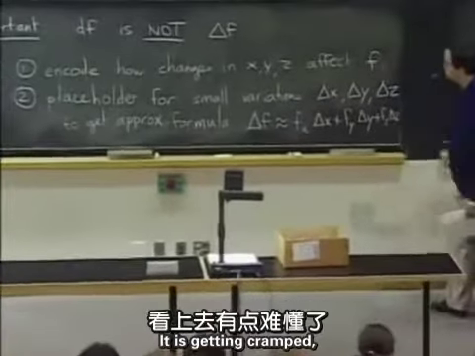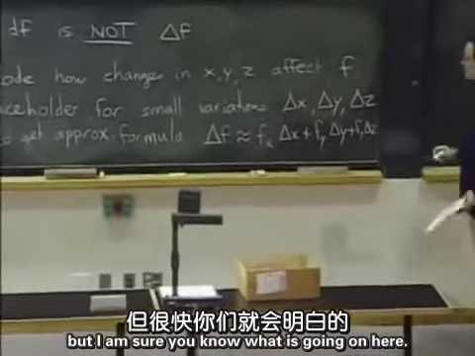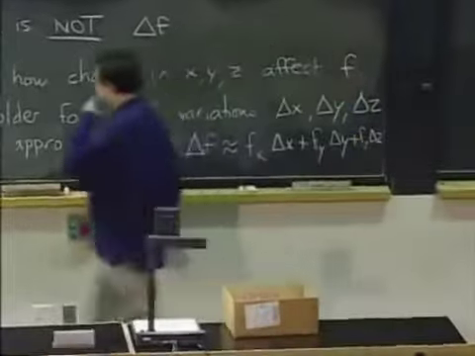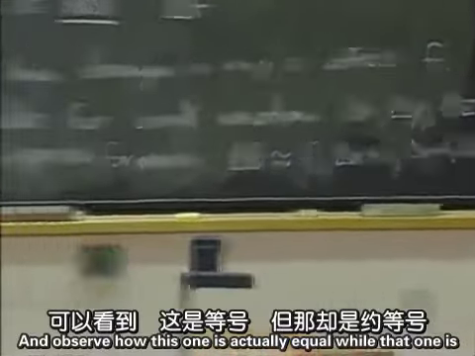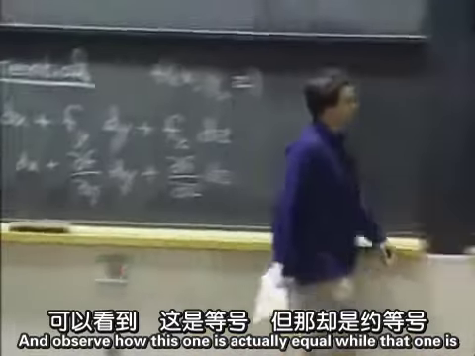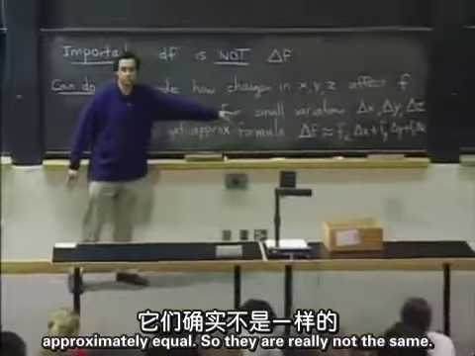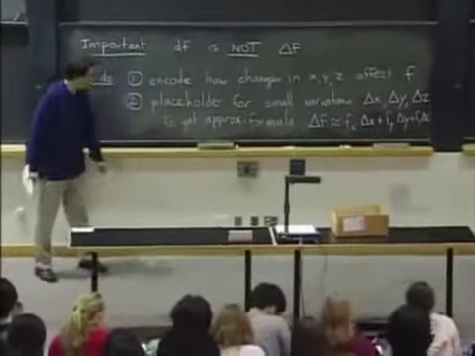So it's getting cramped, but I'm sure you know what's going on here. And observe how this one is actually equal, while that one is approximately equal. So they're really not the same.